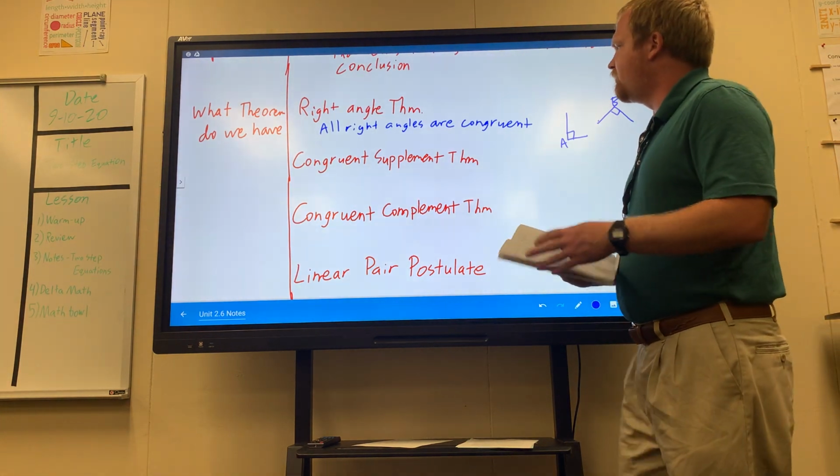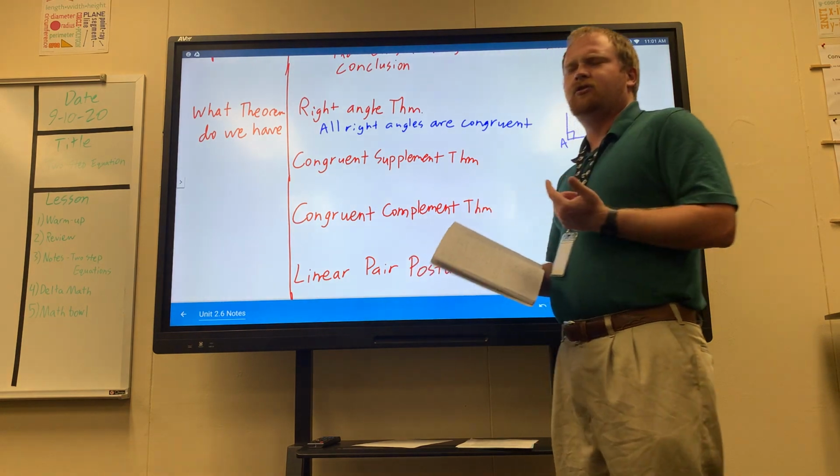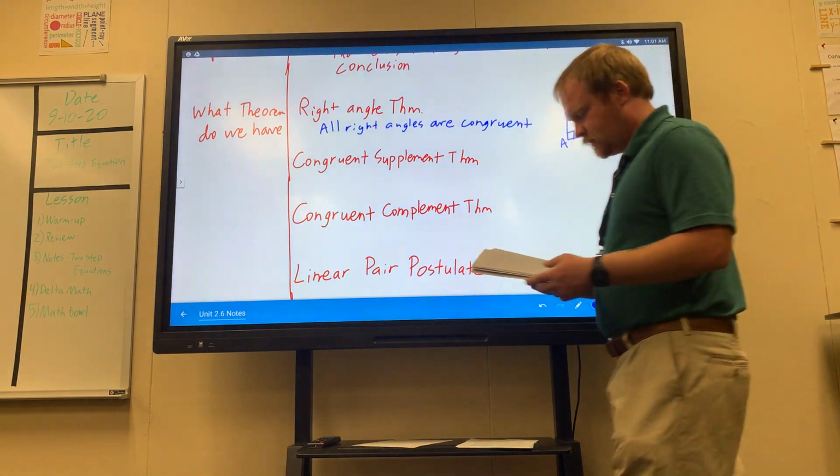Now, the congruent supplements theorem has to do with supplementary angles. But here's how it goes.